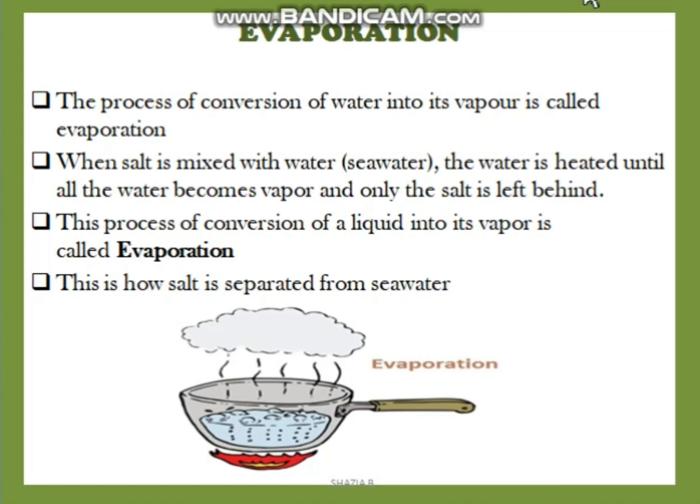Here, filtration won't help. Hand picking obviously won't help. So, this is where evaporation helps. When we heat this water containing salt continuously, by the time all the water gets converted into water vapor, the only thing left behind in the utensil or beaker will be the salt.